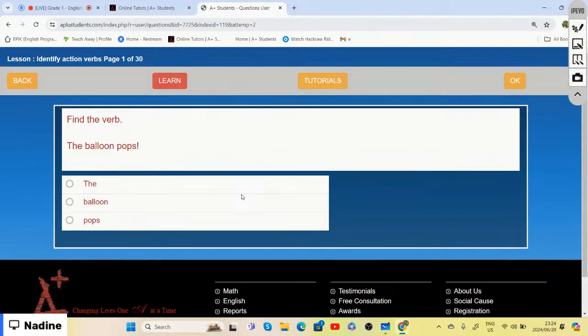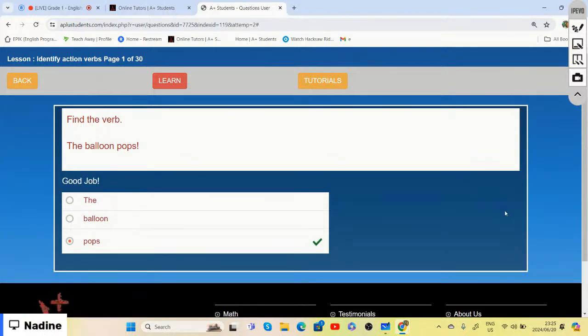Is it balloon, or is it pops? And if we identify our verb, then we can say pops, because that is what the balloon is doing. The balloon pops, and pops is correct.